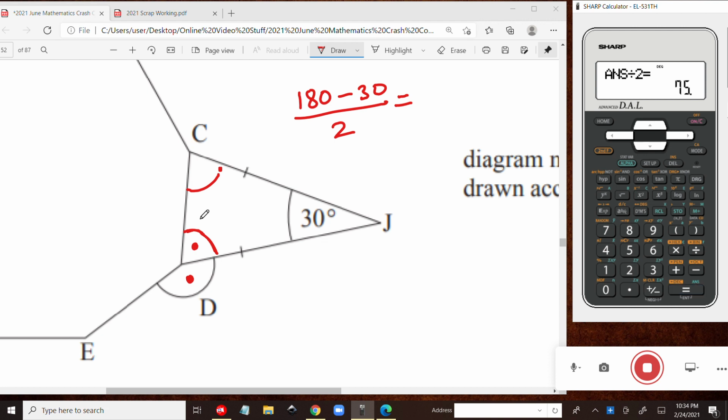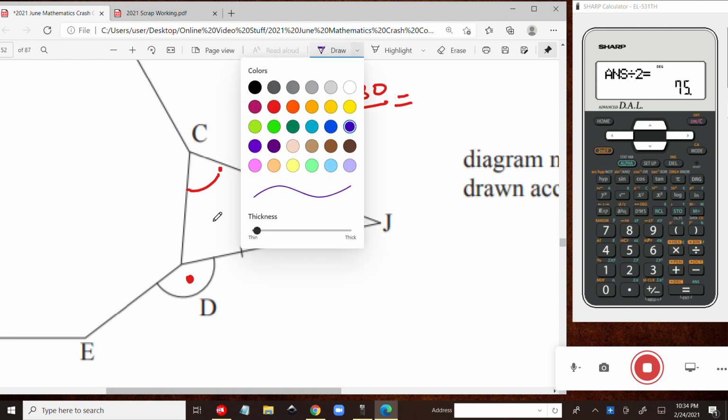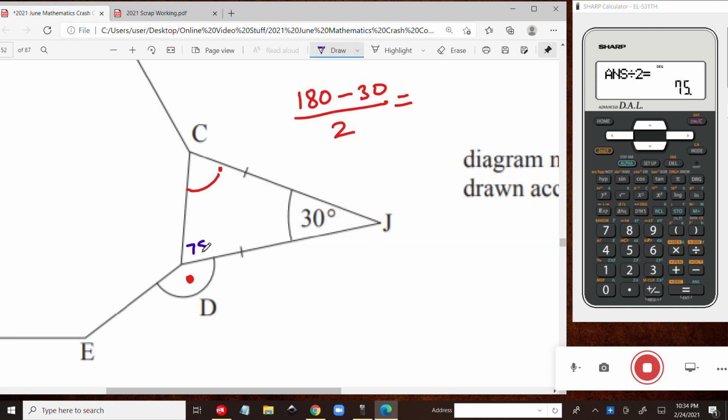So that means both of these angles each is 75 degrees. I'm going to use a different color so everything will stand out a little better. So we just reasoned out that this blue angle here is 75 degrees.